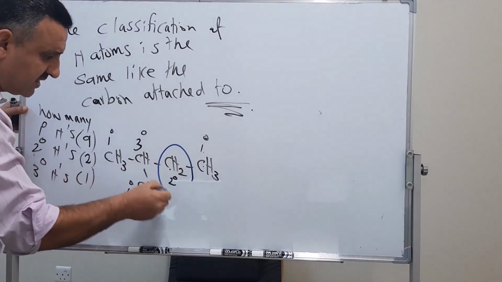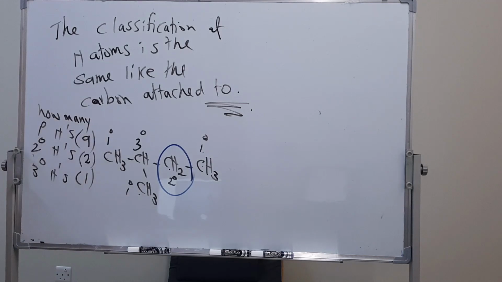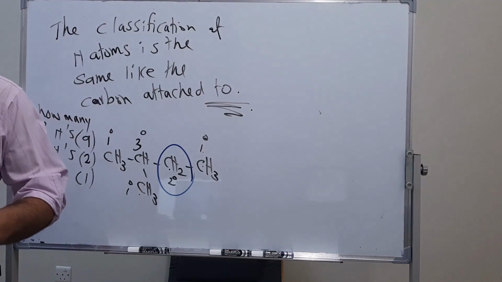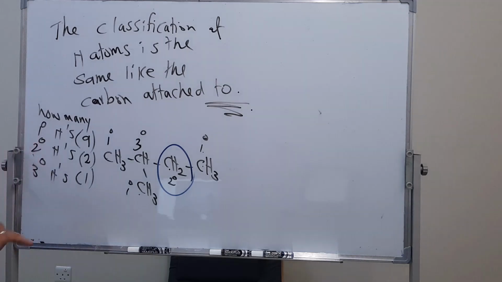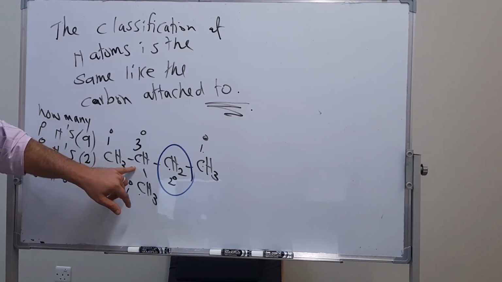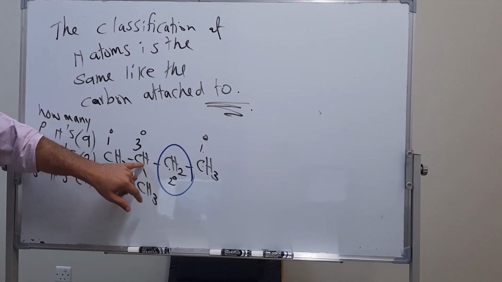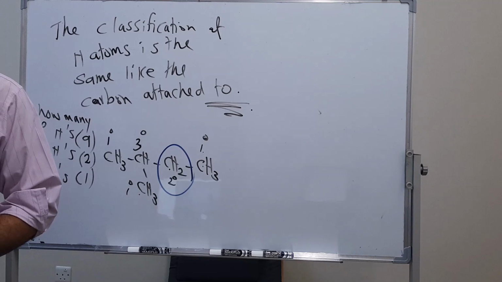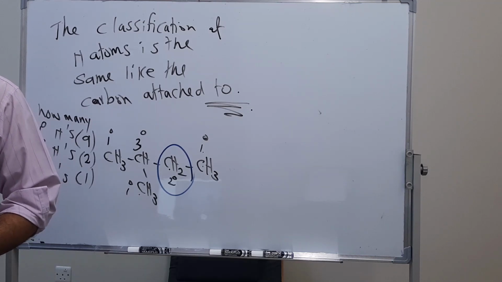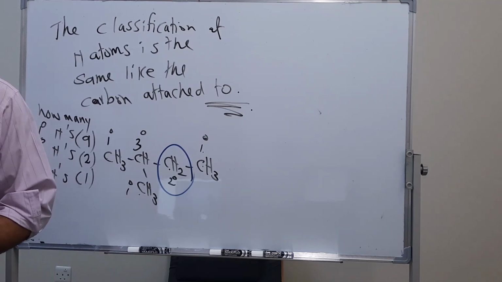This carbon is secondary, which means it is connected to 2 hydrogens. Therefore, we have only 2 secondary hydrogens. Now, this carbon is tertiary. We have only 1 tertiary hydrogen, which means the number of hydrogens connected to it is only 1. Is that clear?